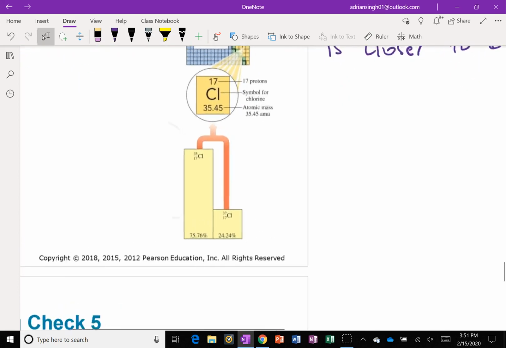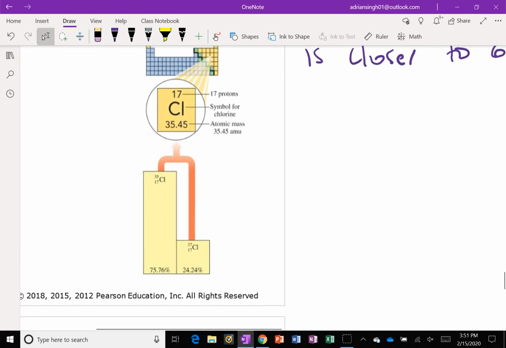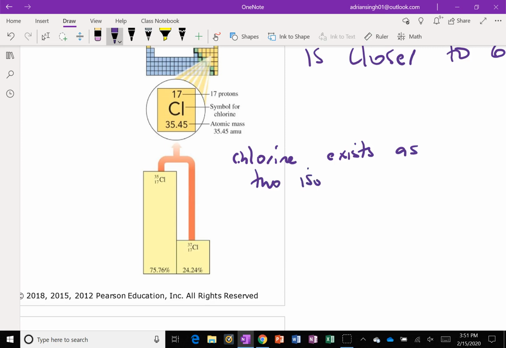So here's another example of one of these. Chlorine, for instance, exists as two isotopes, right? We have chlorine-35 and we have chlorine-37.